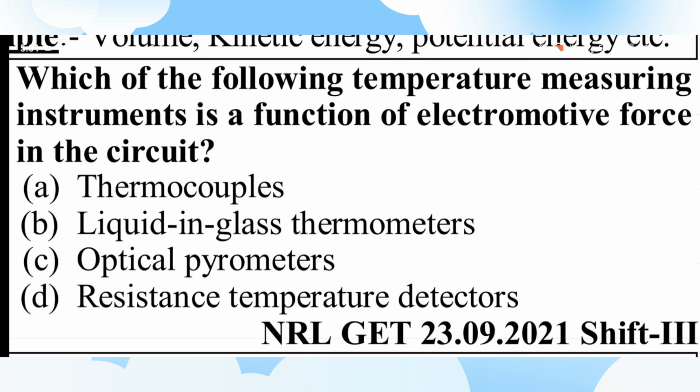Friends, next question: which of the following temperature measuring instruments is a function of the electromotive force in the circuit? A thermocouples, B liquid in glass thermometers, C optical pyrometers, D resistance temperature detectors. EMF यूज होता है thermocouples में.